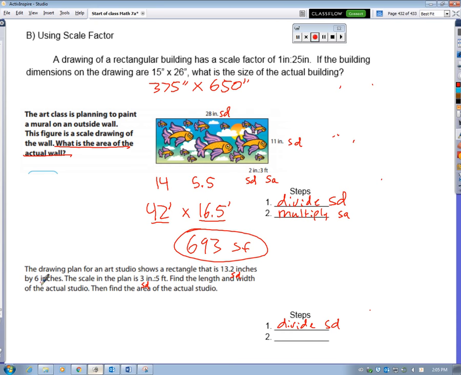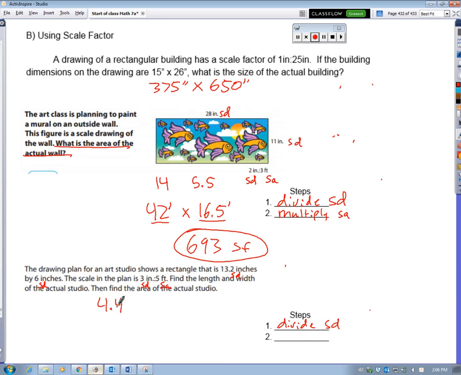Here's the other side of the scale drawing over here, and then this side is our scale actual, the actual size of the building. Okay, so we're going to take 13.2, we're going to divide that by 3, and when we take 13.2 and we divide it by 3, we are going to get 4.4.